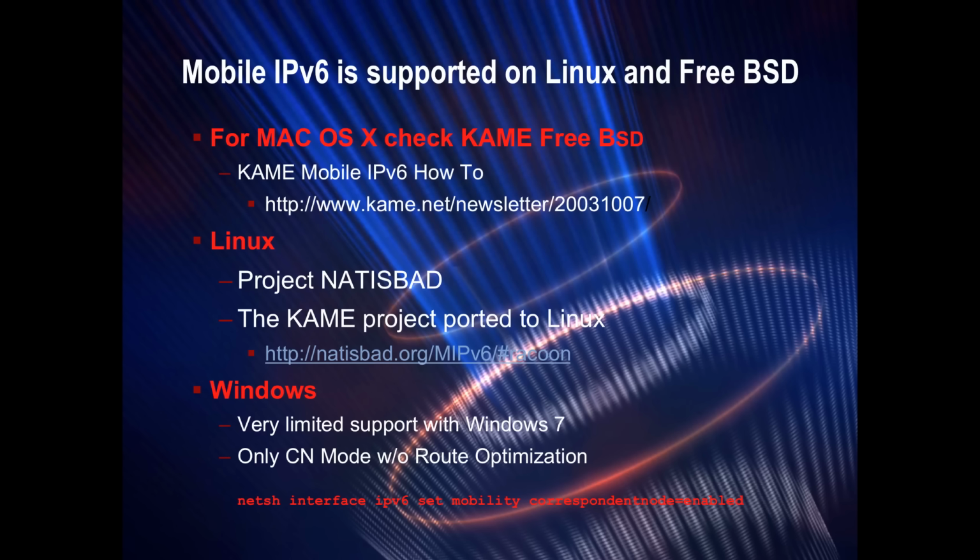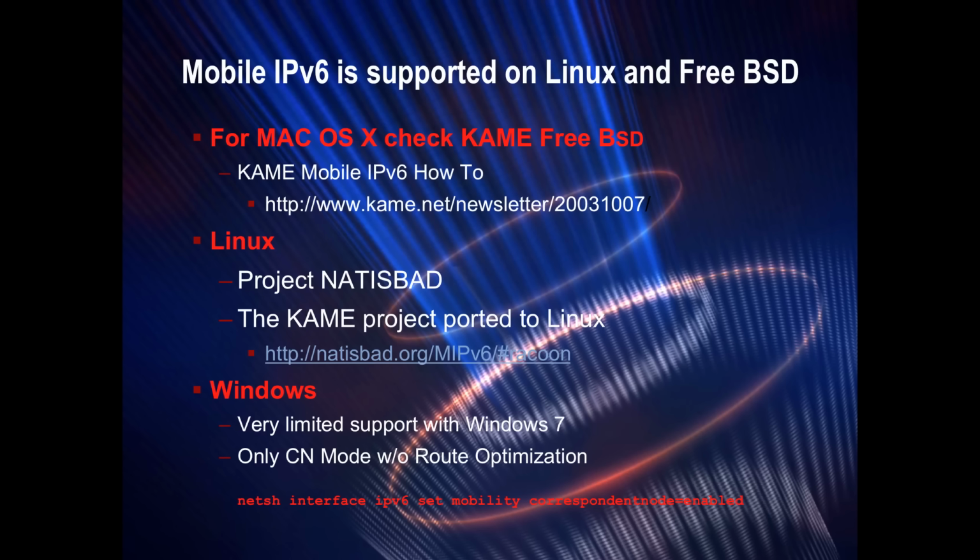The mobile IPv6 feature is supported on most Linux platforms, and also on the Mac, because the Mac has a FreeBSD core. But on Windows they say it is supported for the correspondent node without route optimization, but in this mode it is transparent, which means that the node doesn't see that the mobile node is roaming.